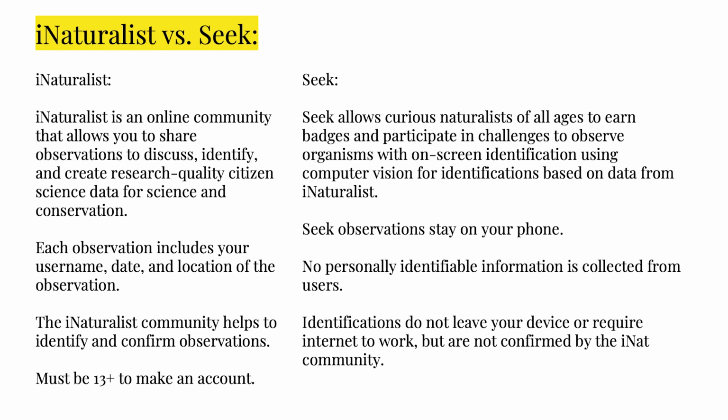If you find a plant that is rare and you don't want other people to know where it is, you can make it private or obscured so that people don't go and poach it. When you find orchids, people are crazy about orchids. So a lot of times if I find an orchid, I'll obscure it. The iNaturalist community helps to identify and confirm observations, and you must be 13 or older to make an account.